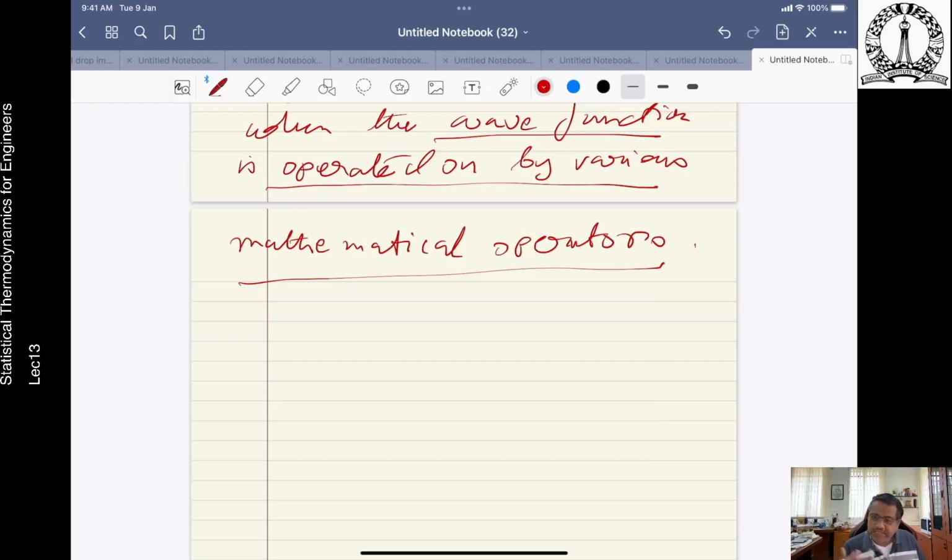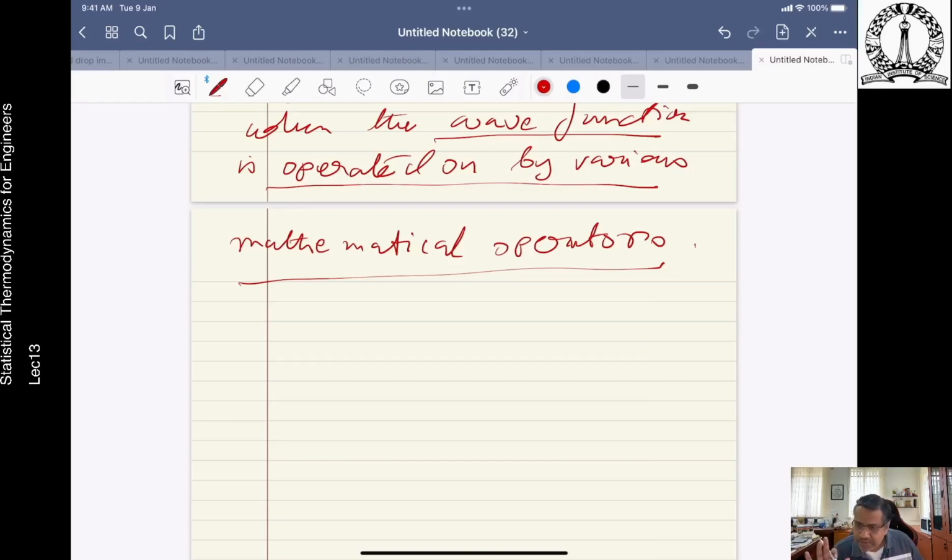Once this is applied to different dynamic variables, position, momentum, etc., it gives rise to the average position, average momentum of all these particles combined. That can now be further used to calculate energies and other quantities. So we can see the progression.